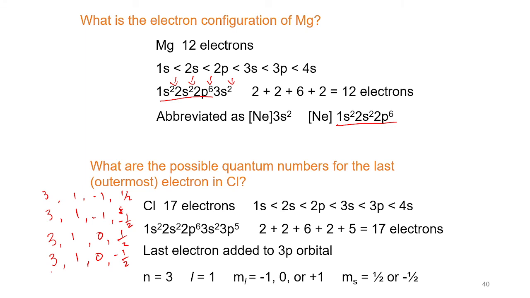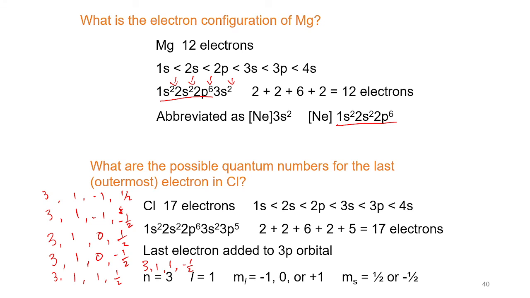That will also work for this one. We'll have there 3, 1, positive 1, either 1/2 or negative 1/2. Either of those two. Okay, so we have there 6 possible arrangements, but any of those may be occupied by any electron.